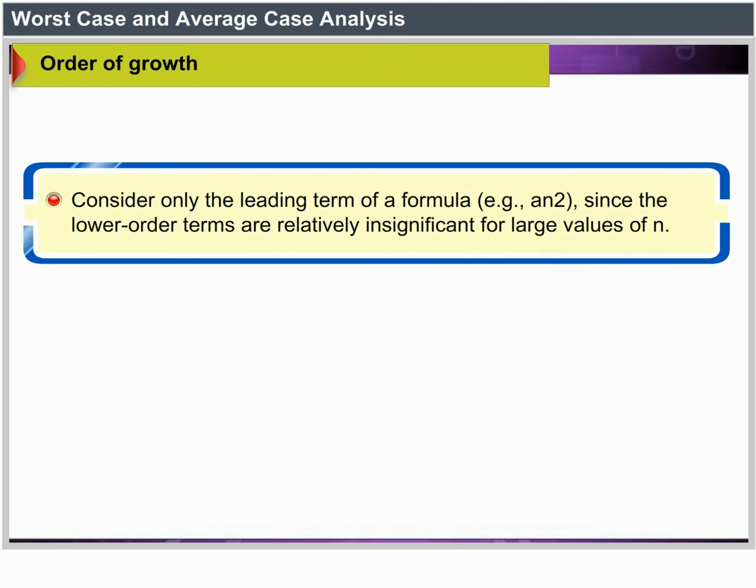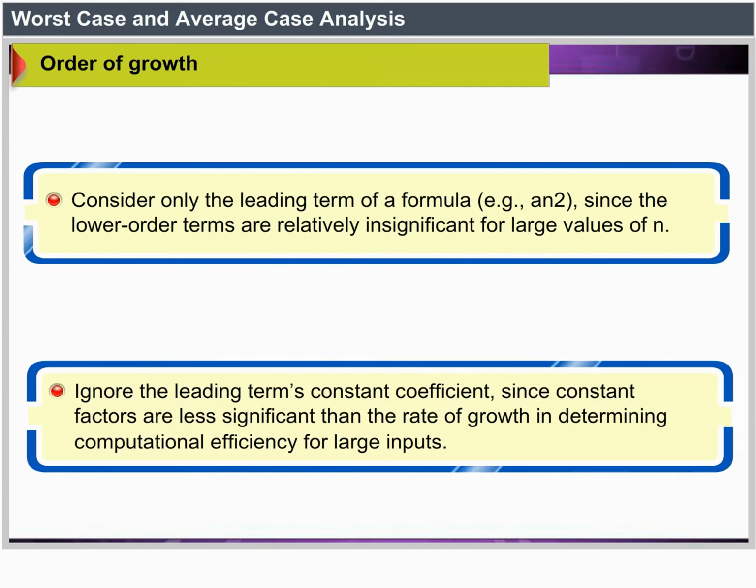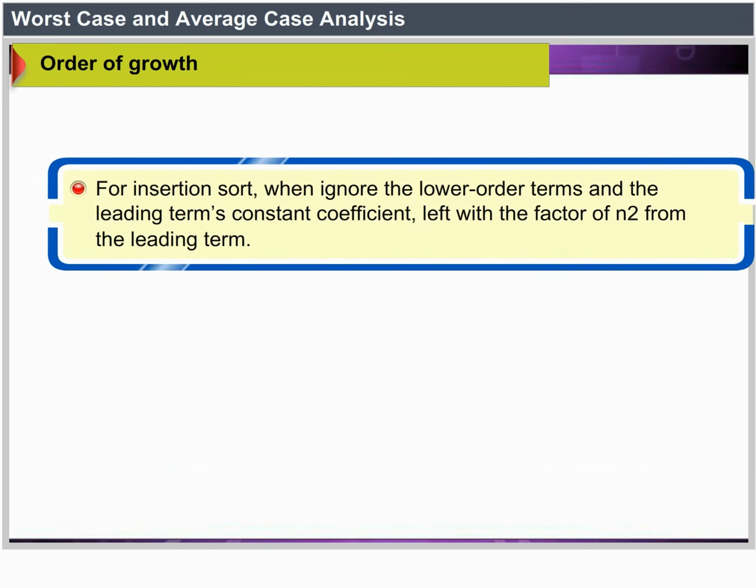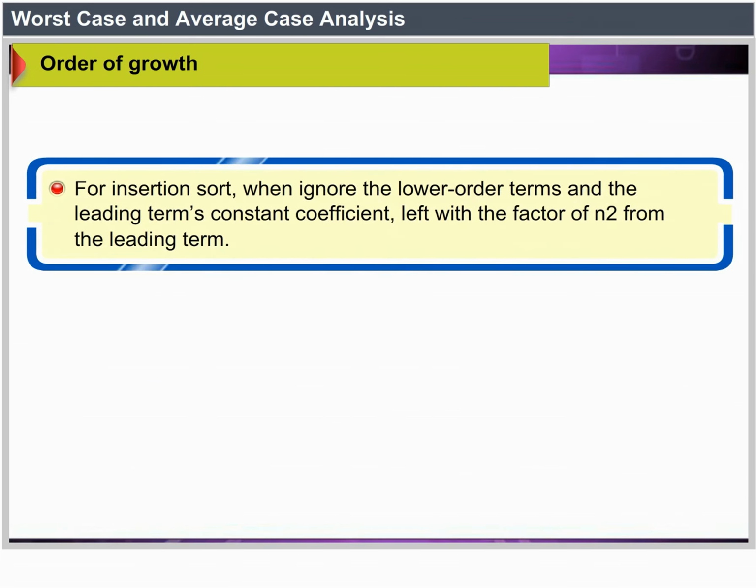We also ignore the leading term's constant coefficient, since constant factors are less significant than the rate of growth in determining computational efficiency for large inputs. For insertion sort, when we ignore the lower order terms and the leading term's constant coefficient, we are left with the factor of n squared from the leading term.